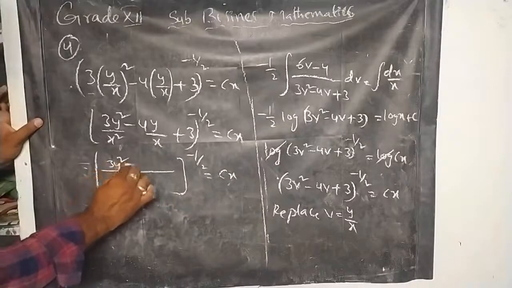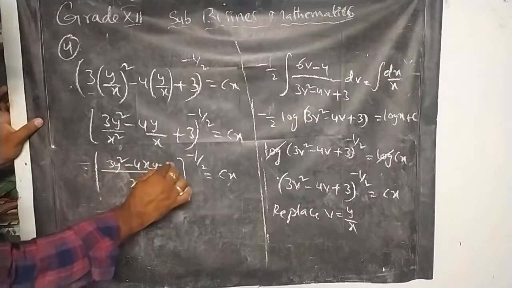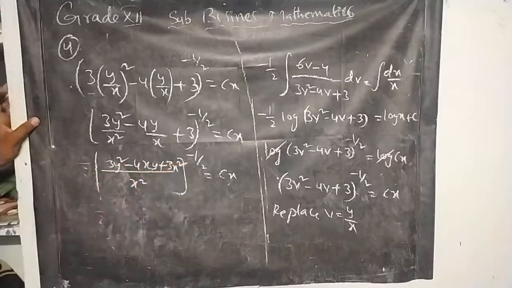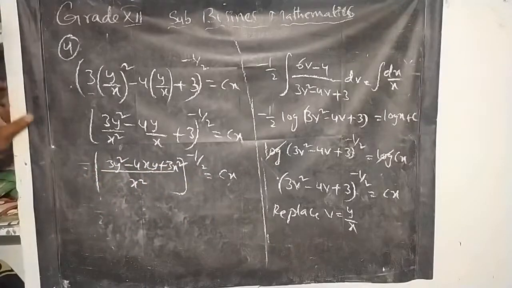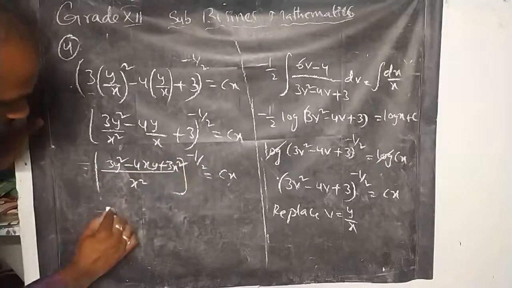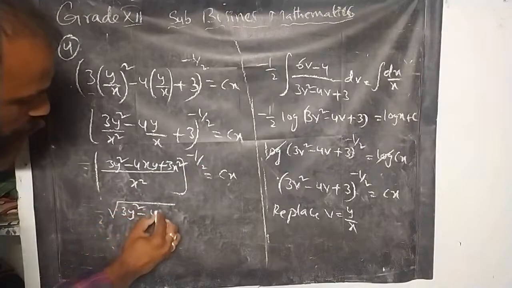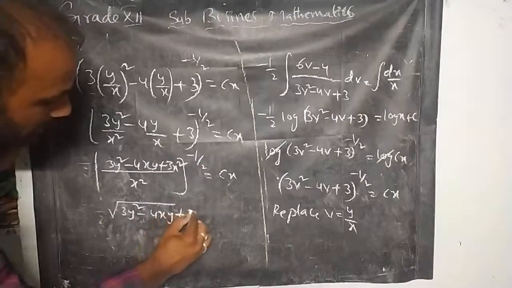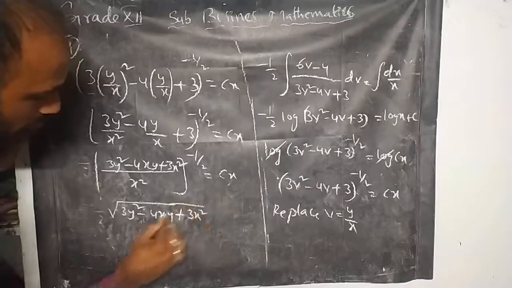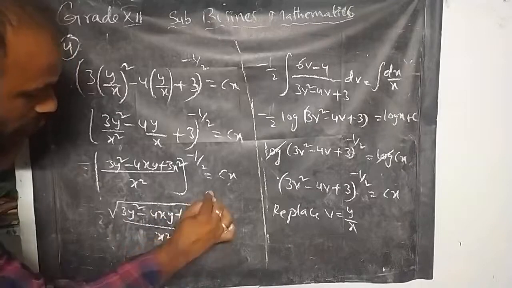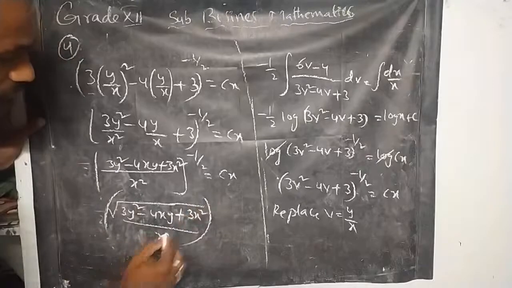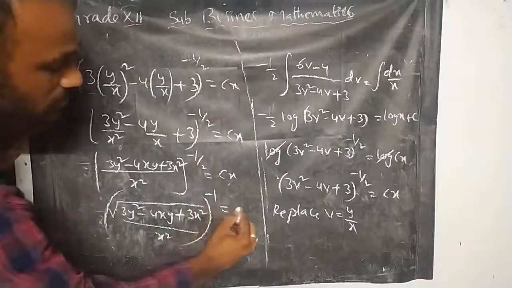So it will be changed to 3y square minus 4xy plus 3x square. So numerator it will become root of 3y square minus 4xy plus 3x square by x square whole to the power of minus 1 is equal to cx.